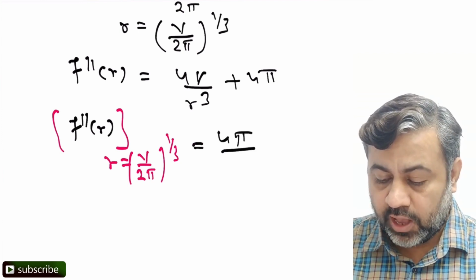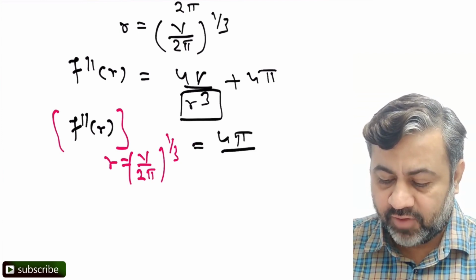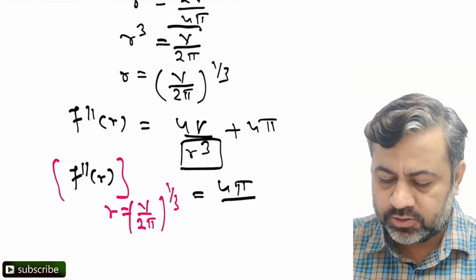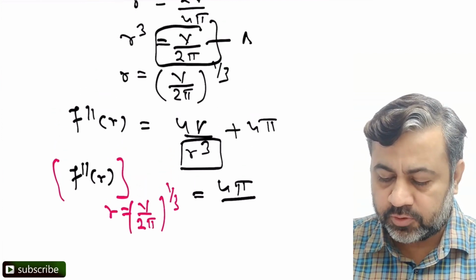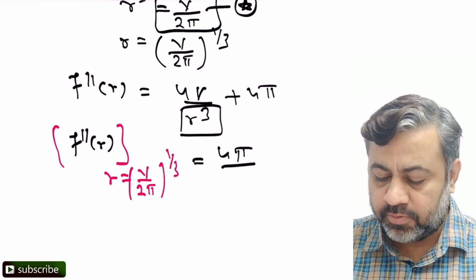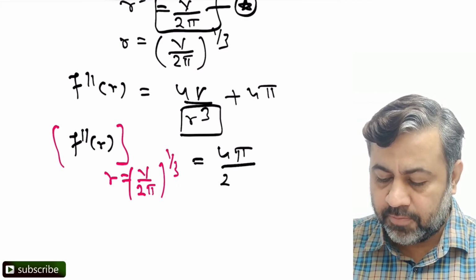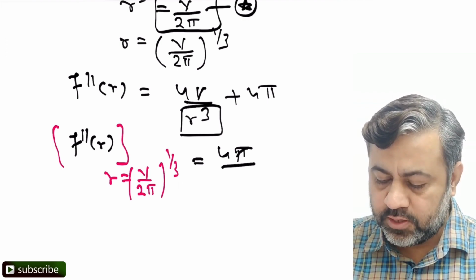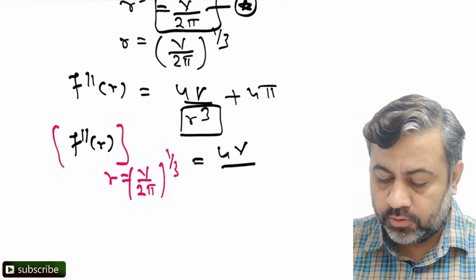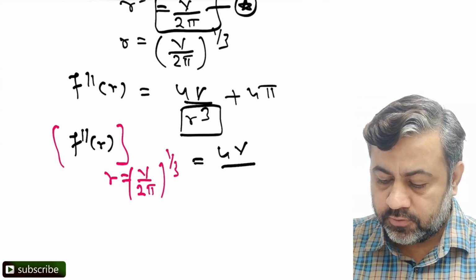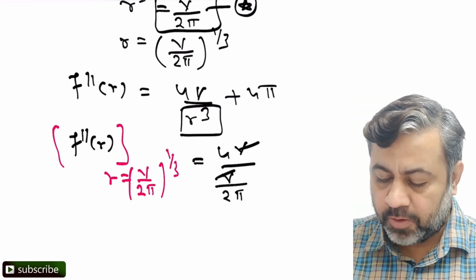So this is r cube, right? So I can write the value of r cube directly. The value of r cube is v by 2 pi. Let me substitute this value directly, the calculation will be easier for me. So this is 4v upon r cube, whose value is v by 2 pi. This v is getting cancelled, and 2 pi will go in the numerator.